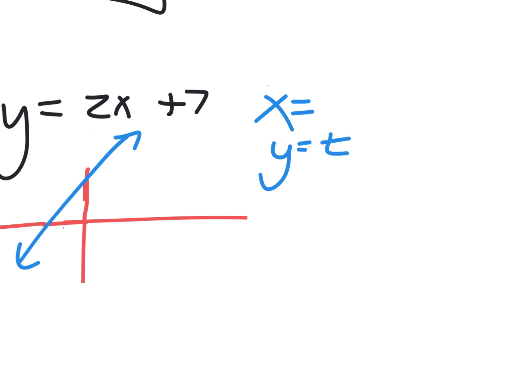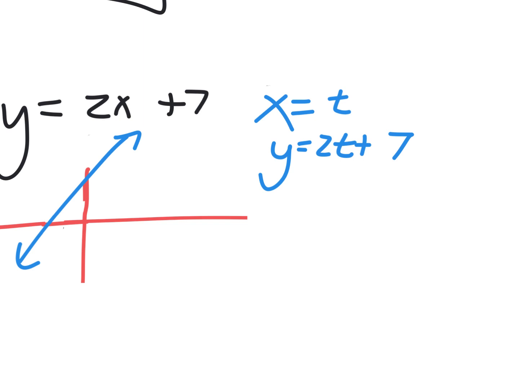Maybe. Okay, and then what are you going to do for the x? X equals. You're so close. Here, just move it the other way. Make x equal to t. X equals t, y equals 2t plus 7. There it is.